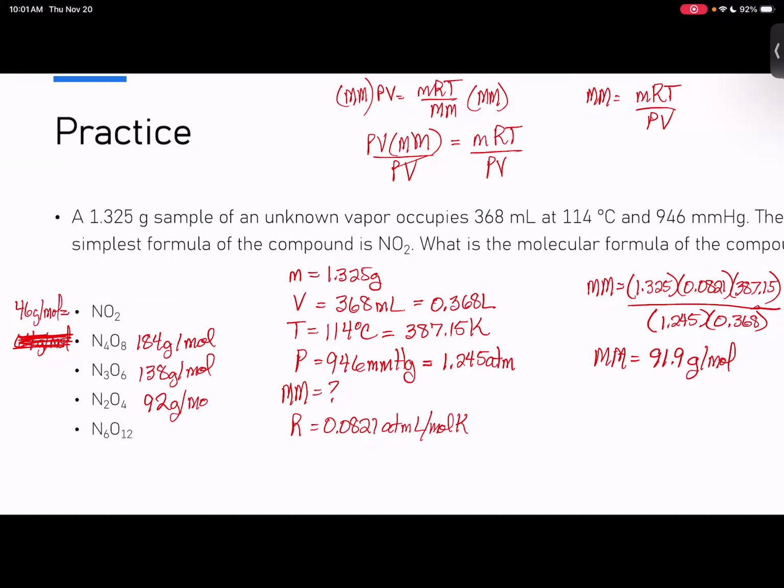So our compound would be N2O4. Now on the test, I actually would give you both the formula and the molar mass, so you didn't have to calculate all the molar masses. But here you had to do both. Questions?